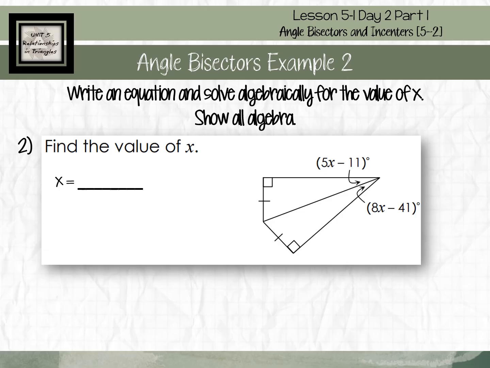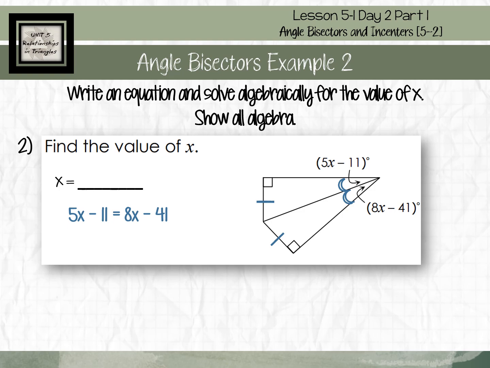Number 2. Find the value of x. This time we know that those two segments are congruent and perpendicular to the sides of that angle, so those must be congruent angles. That must be an angle bisector right there in the middle. So 5x minus 11 equals 8x minus 41.